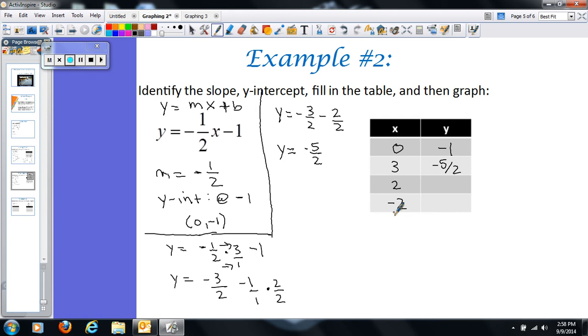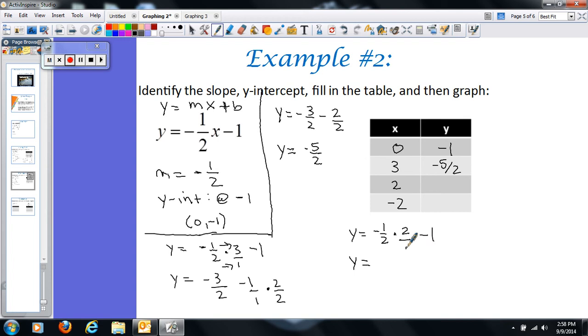But now we're going to try to remember what I talked about when we were doing the tables originally. And that is that when you have a fraction, you want to choose multiples of the denominator so that I can get rid of the fraction. So I chose 2, and I get y equals negative 1/2 times 2 minus 1.